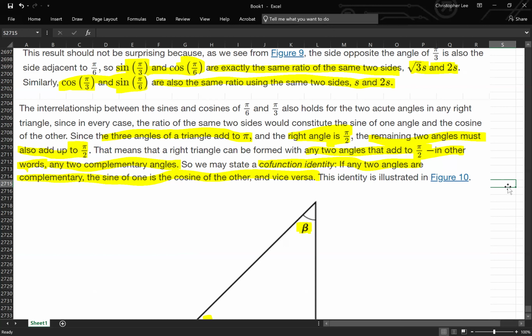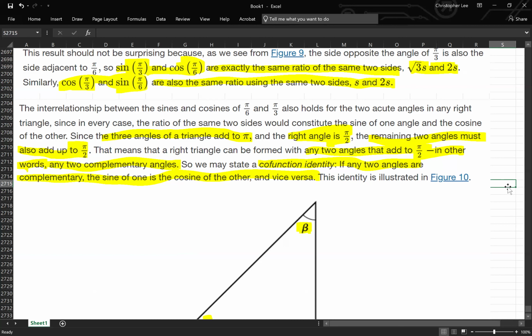You remember all the angles inside of the triangle add up to 180. That's where this is coming from. So that means a right triangle can be formed with any two angles that add up to pi over 2, in other words, any two complementary angles.